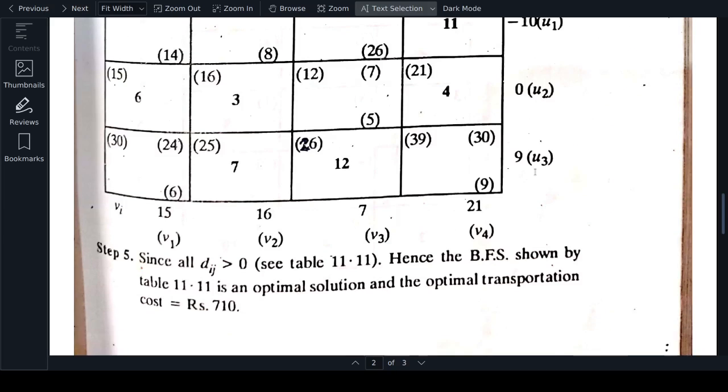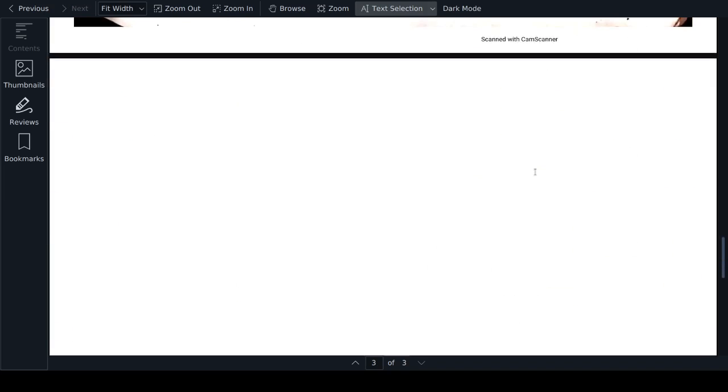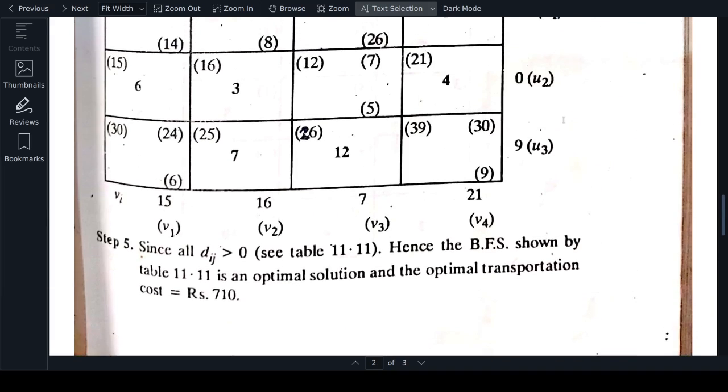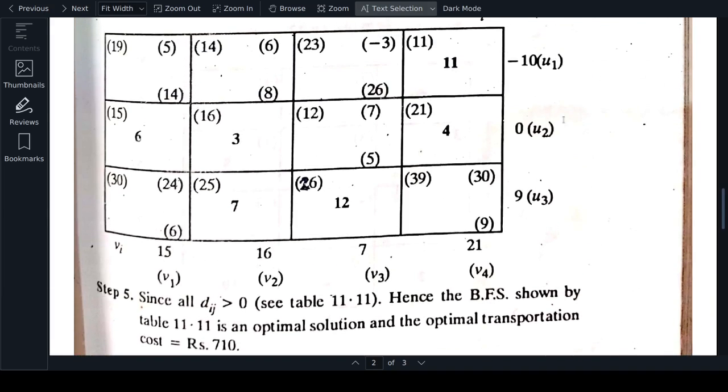We shall write Ui plus Vj in the upper right corner of the corresponding unoccupied cell. So you see U1 value already got from calculation, minus 10, U2 value is 0, U3 value is 9, V1 is 15, V2 is 16, V3 is 7, V4 is 21. So next Ui plus Vj.